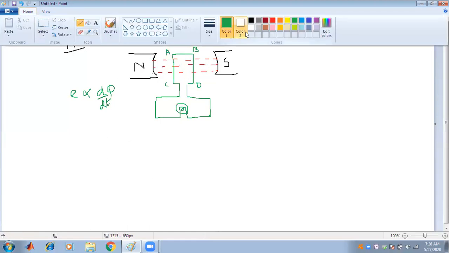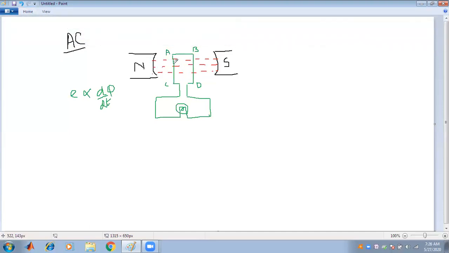So let us say for the first instant, the current flows from the load to the coil and comes back to the load in order to light the bulb.